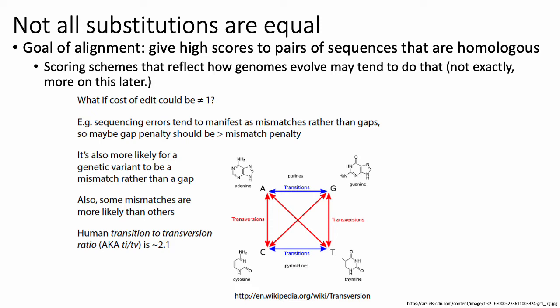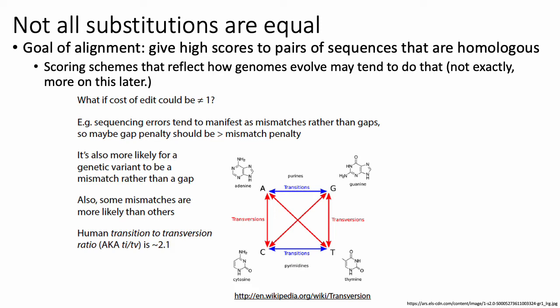Similarly, in terms of genetic variation across populations like humans, you tend to get substitutions, or basically what look like mismatches in your alignment, rather than indels, which produce gaps. And so real world alignment scoring schemes will tend to penalize introduction of gaps more than, for example, just mismatches in an alignment.